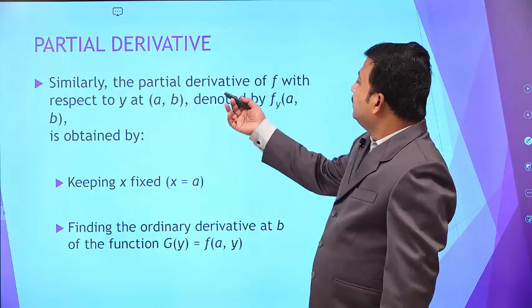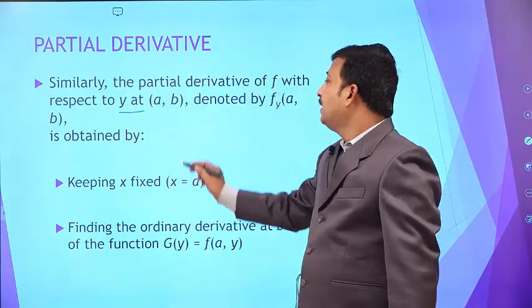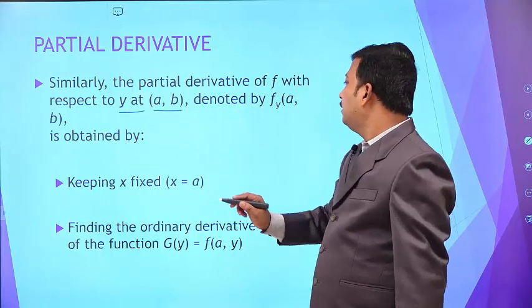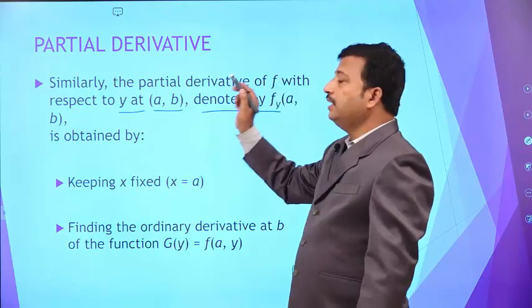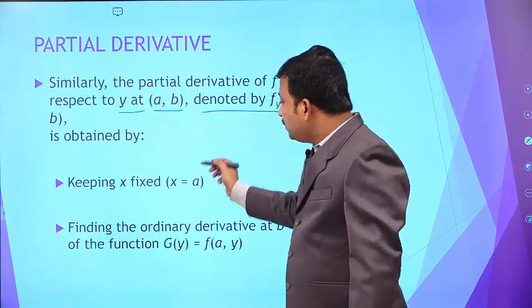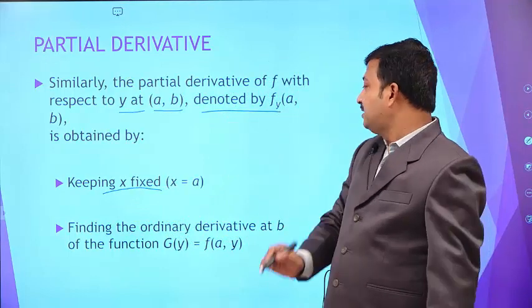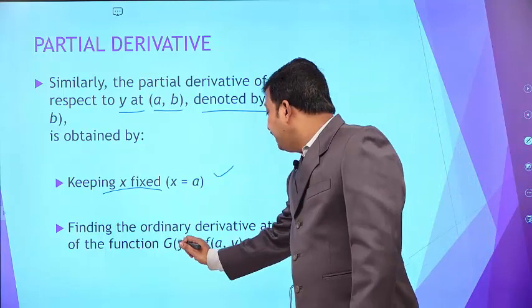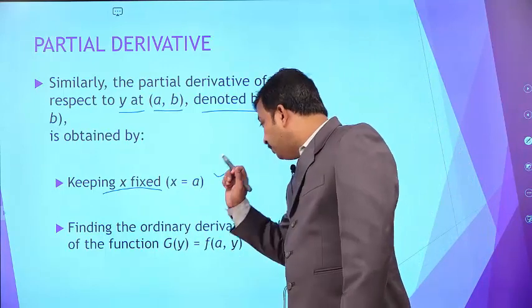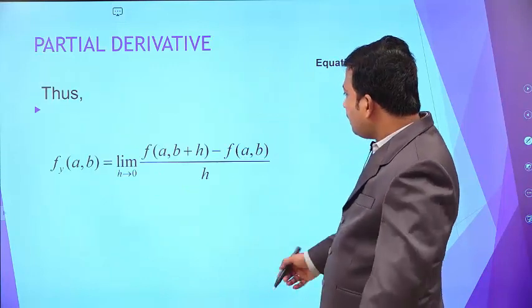Similarly, the partial derivative of f with respect to y at the point (a, b) is denoted by fy of a, b. It is obtained by keeping x fixed at x equal to a and finding the ordinary derivative at b of the function g of y.